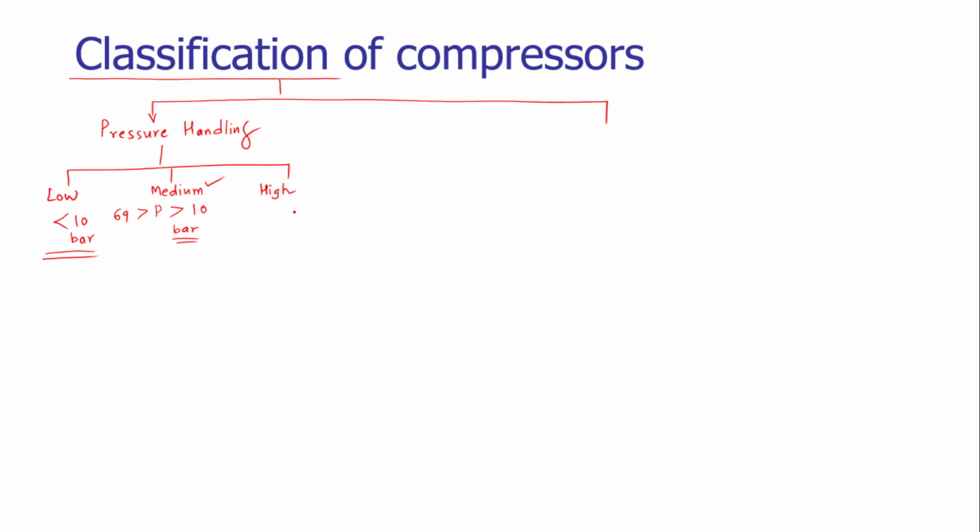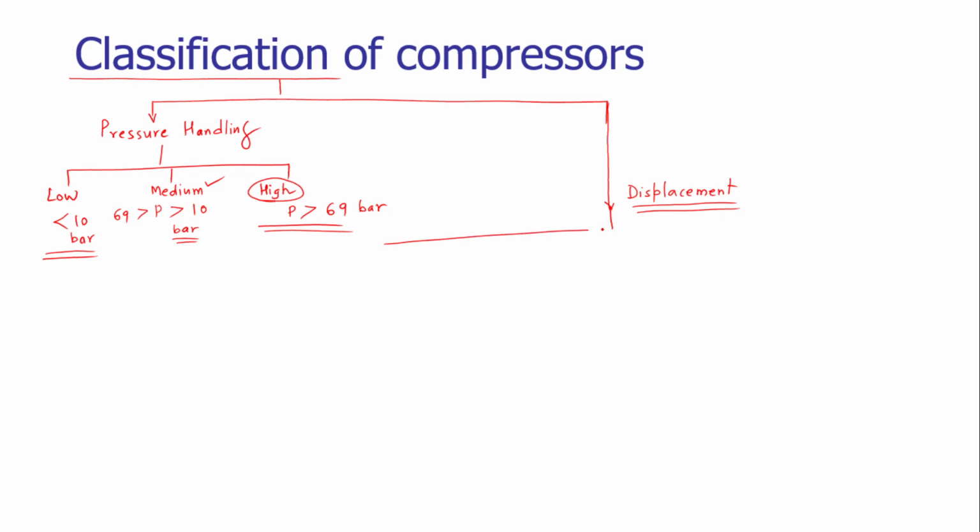And when the pressure generated is more than 69 bar, then we call them high pressure compressors. As far as the second parameter is concerned, that is the displacement. Here we are using the methodology of displacement of the gas or the air.